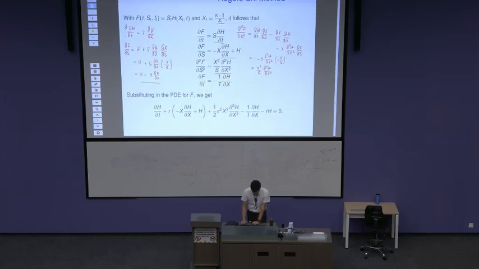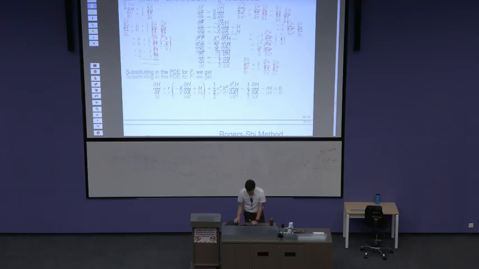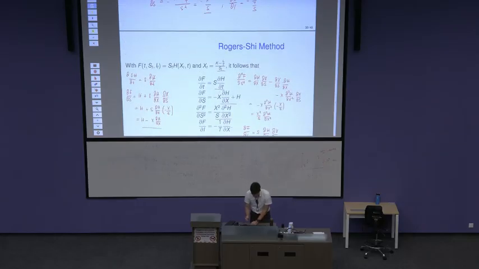Then I have the dependence on t. Okay, s does not depend on t, but h does. So I have df dt would be s times the derivative of h with respect to x times dx dt. dx dt is something we have computed here.